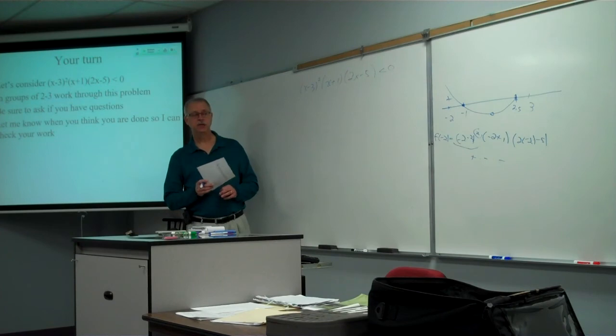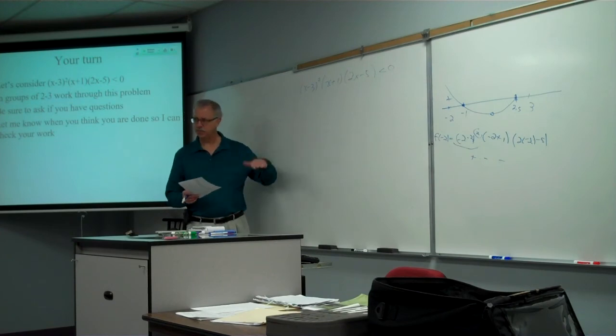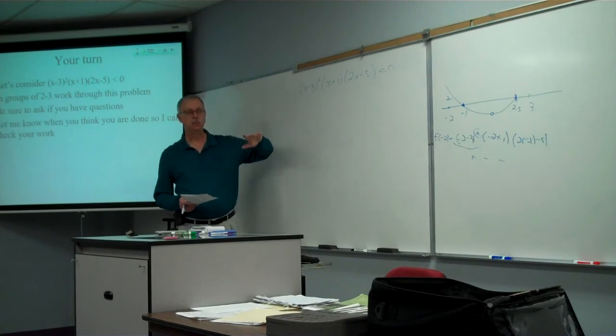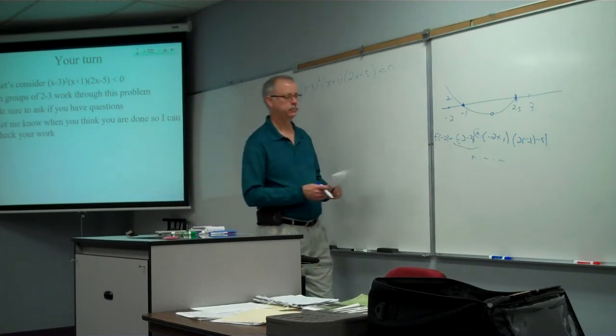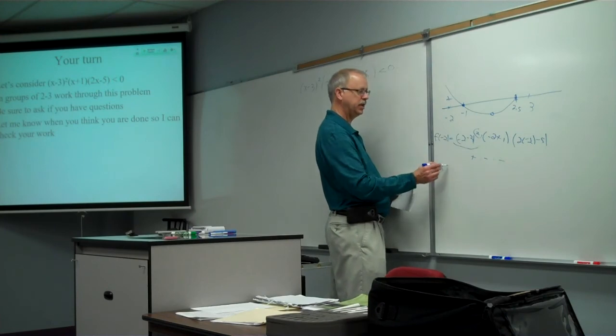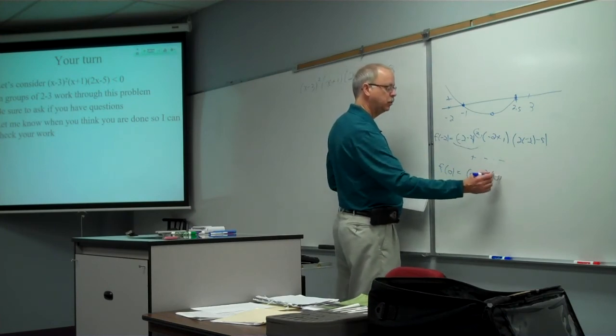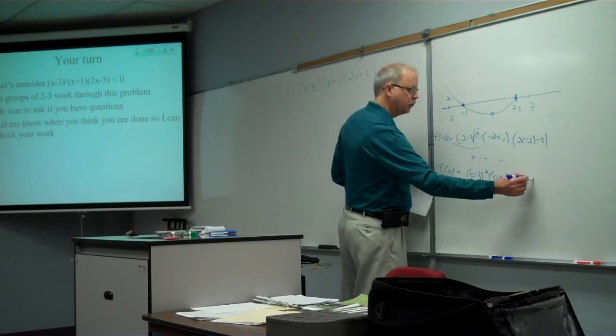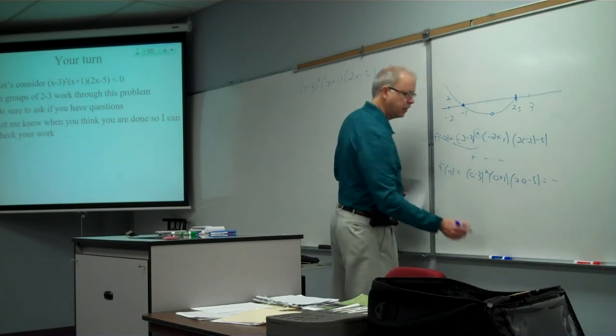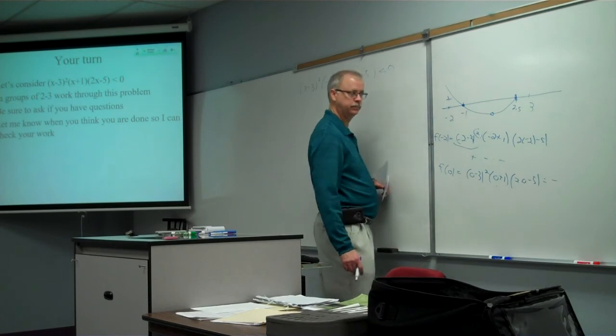Later on, we will come back to this question of whether we can figure out exactly where it has that valley. We're just interested that it's below. You can pick any point in here, say 0: 0 minus 3 squared, 0 plus 1, 2 times 0 minus 5. That product will be negative.